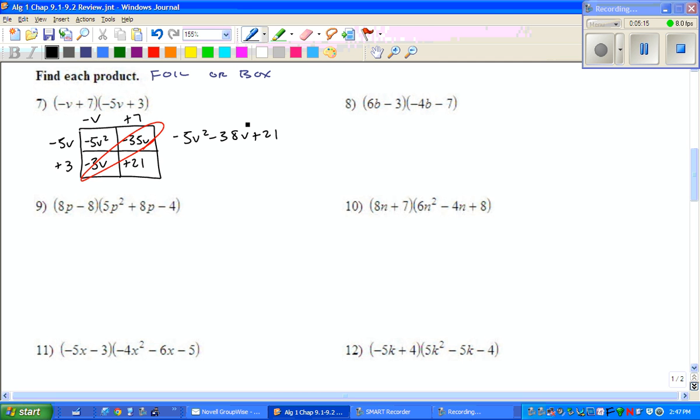Okay, and then once you got that, go ahead and put a box around it. Okay, now over here, I'll do FOIL. So when you do FOIL, you multiply the first, which is 6b times negative 4b, which is negative 24b squared. 6b times negative 7 is negative 42b.